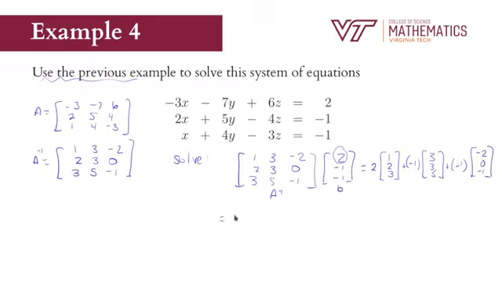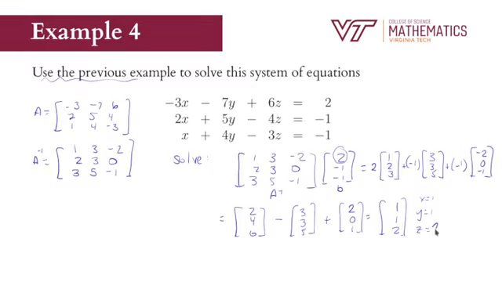When we add those together, that's 2, 4, 6 minus 3, 3, 5 plus 2, 0, 1. And that's 4 minus 3 is 1, 1, 2. And so x is equal to 1, y is equal to 1, z is equal to 2.